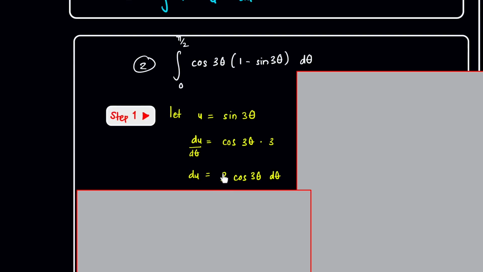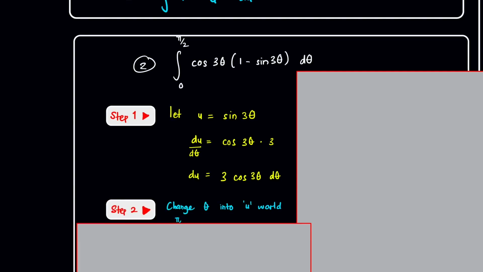So this coefficient, you can take it out. You can bring it to the left. So you get du over 3 equals cos 3 theta d theta. Okay, I can add one more line here.